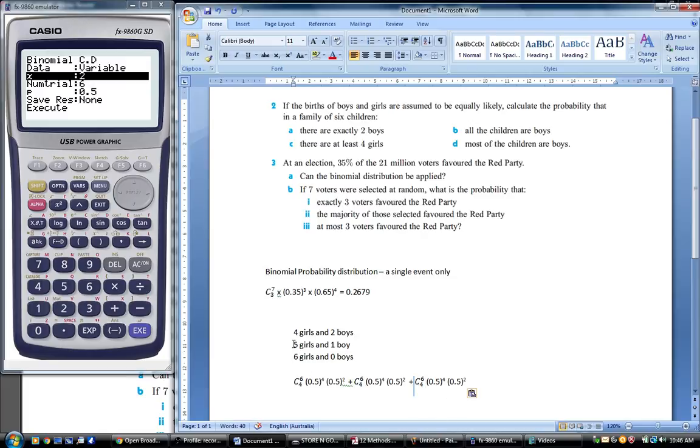So in the circumstance of 5 girls and 1 boy, what's changing here? We have 5 successes, and in this circumstance here, 6 successes, and 0 failures.